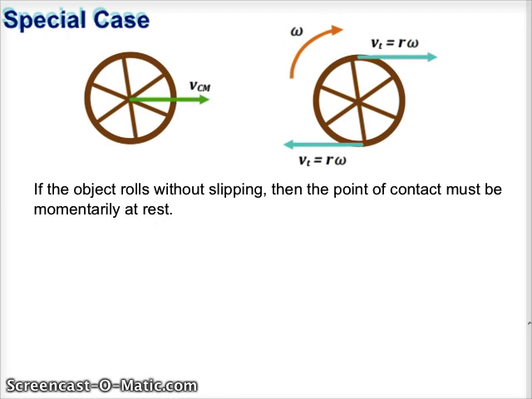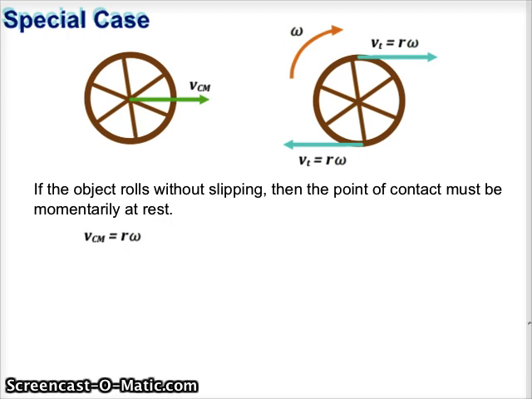But if the object rolls without slipping, then the point of contact, this point down here, must actually be momentarily at rest. That's kind of a subtle idea, but it doesn't slip. And so as it comes down to that point and then goes back up, there's a change in direction and it must stop for a split second. And that allows us then to make a connection between the two pictures.